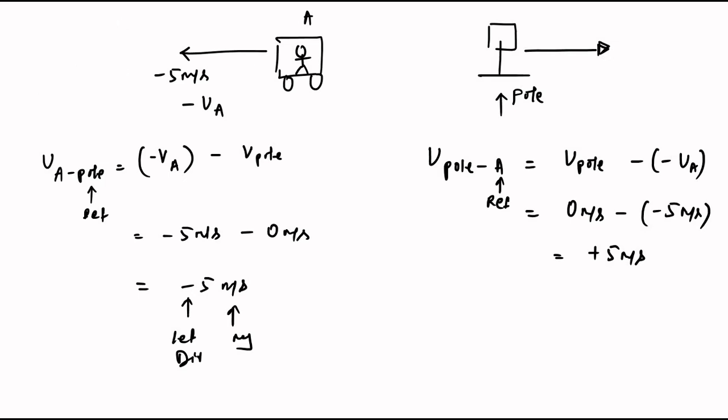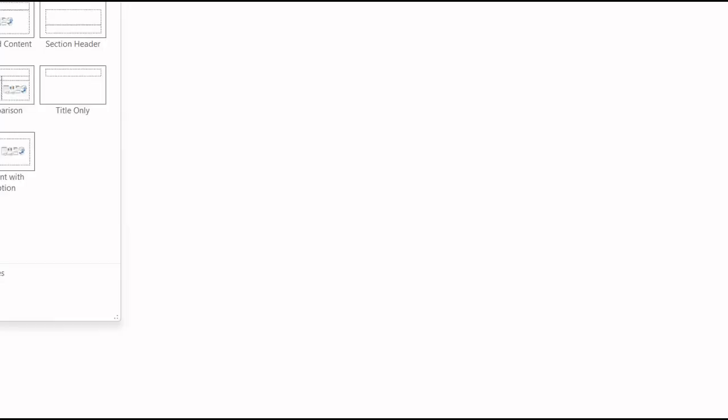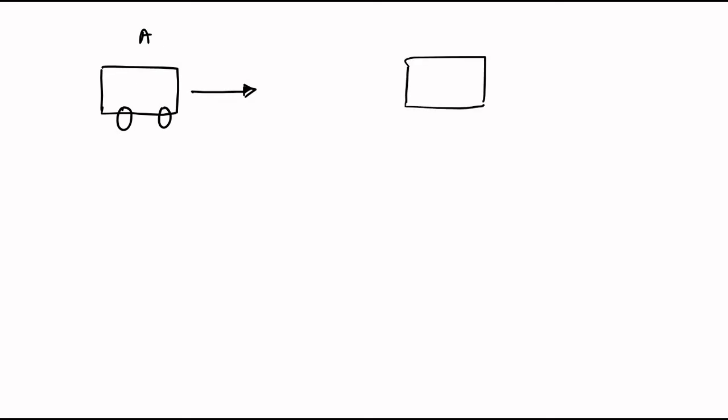So these are the two cases where we have discussed one object moving and another stationary. Let us consider other cases where we have two vehicles, A and another vehicle B. Both of them are moving towards the right side.